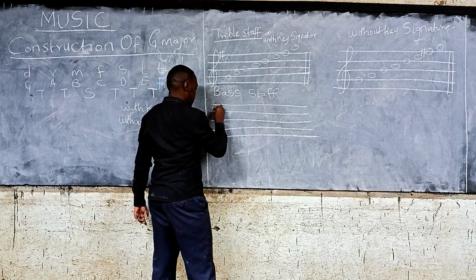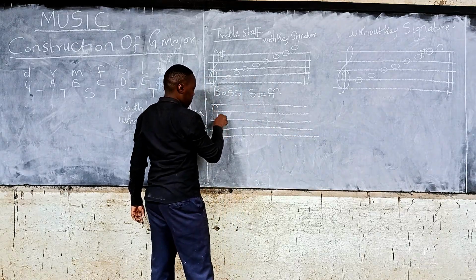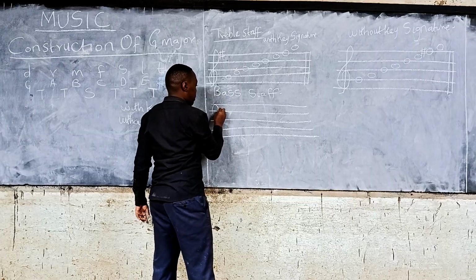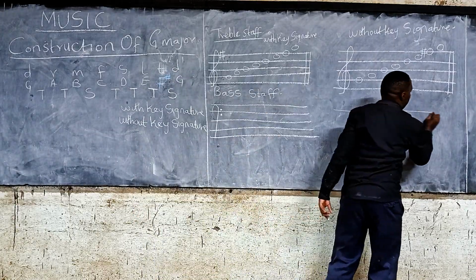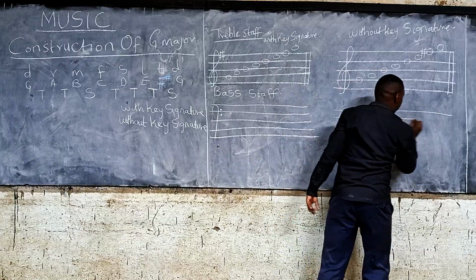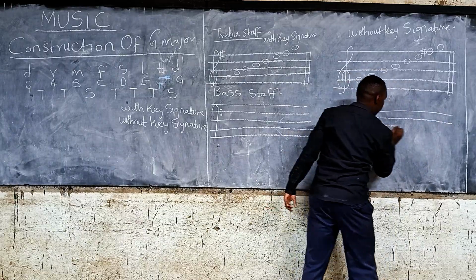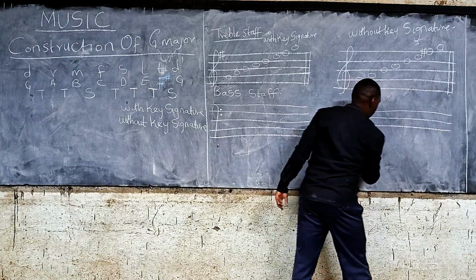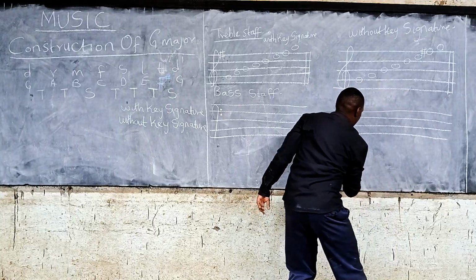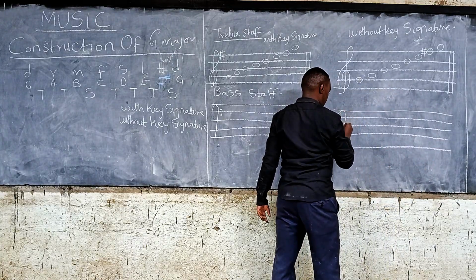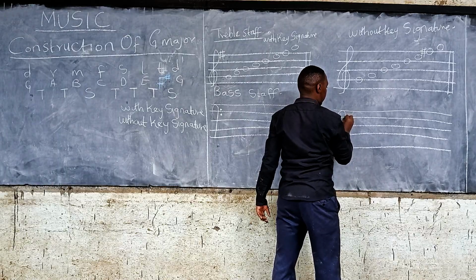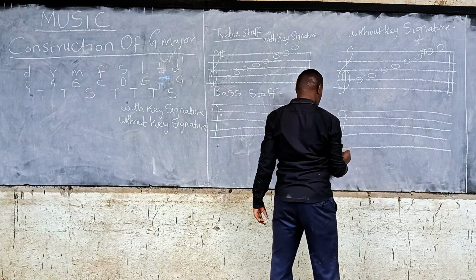Then I'll draw the bass clef and I'll put the two dots. Then here I'll also draw another bass staff. I'll do the same thing. I'll put the two dots.